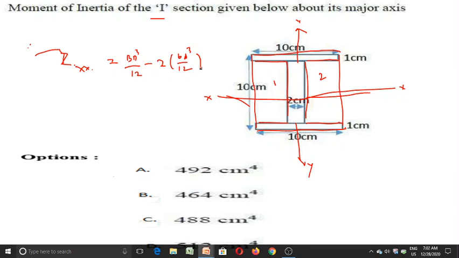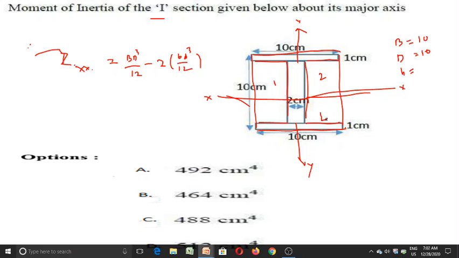So let us write what B is. Capital B is 10 centimeter. It is the width of the bigger rectangle, and this is capital D, 10 centimeter. And small b is the width of this: total 10 minus 2, it will become 8, and 8 by 2 will become 4.